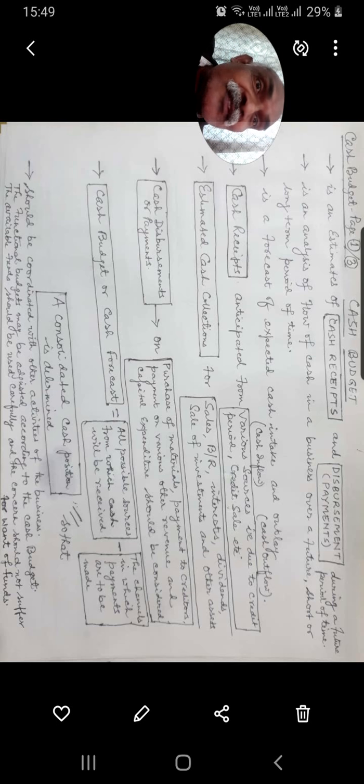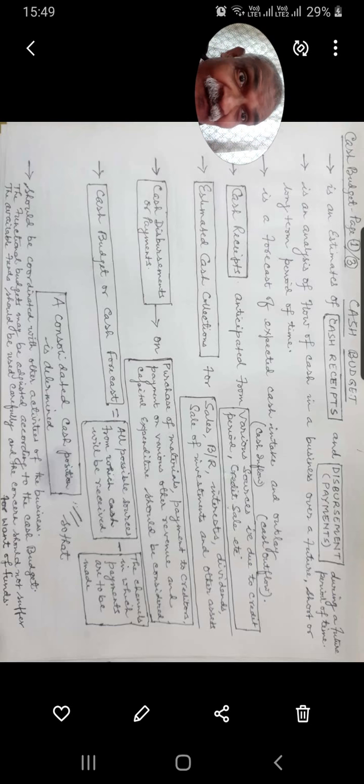From this you have to deduct what? The amount of disbursement payment which are to be made. With the help of these two, what will you get? You will get a consolidated cash position.